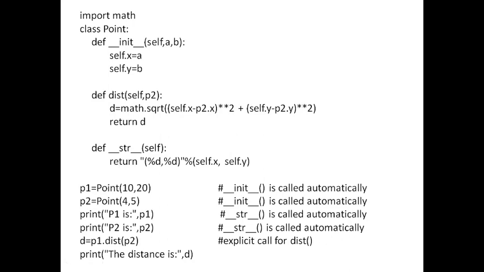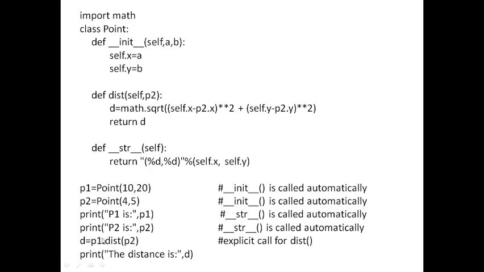And this dist method, you can see it takes 2 parameters, self and p2. As I said, self must be the first parameter in every method. So how we called it here is important. How we called the dist function: d equals p1.dist(p2). As I said, the invoking object here is p1.